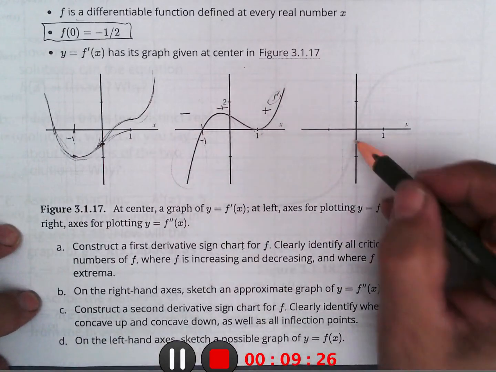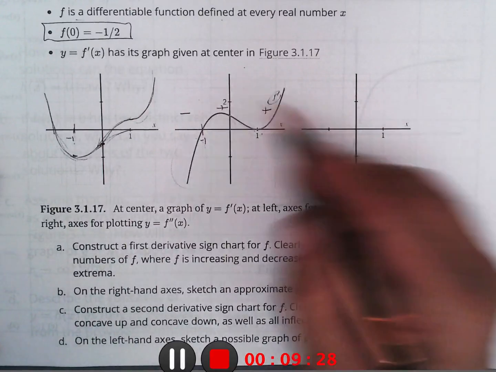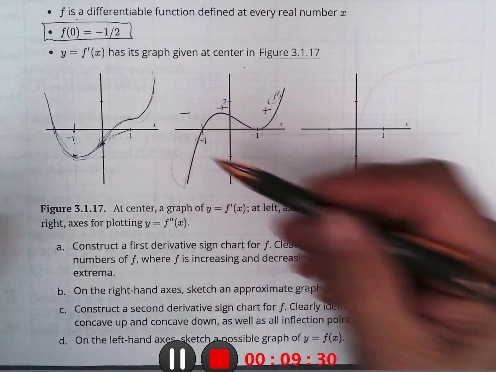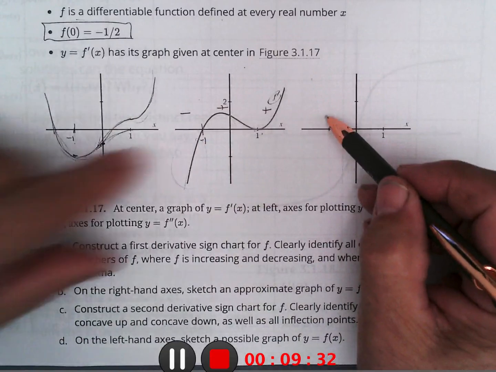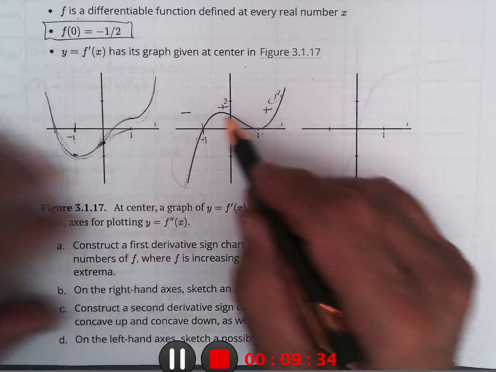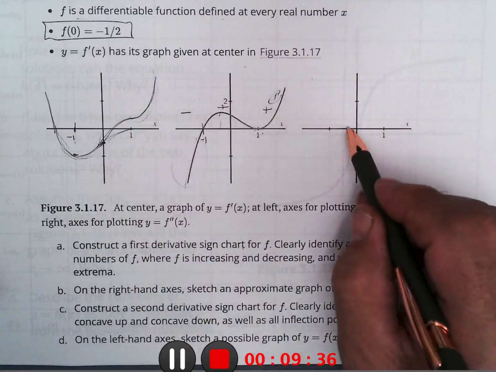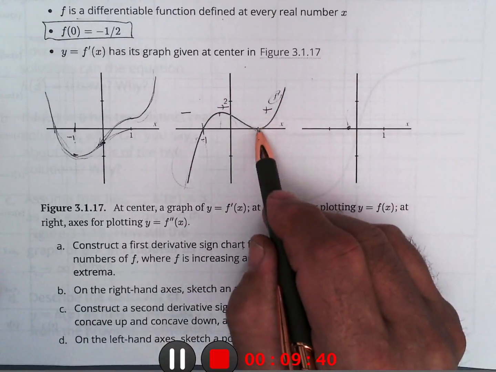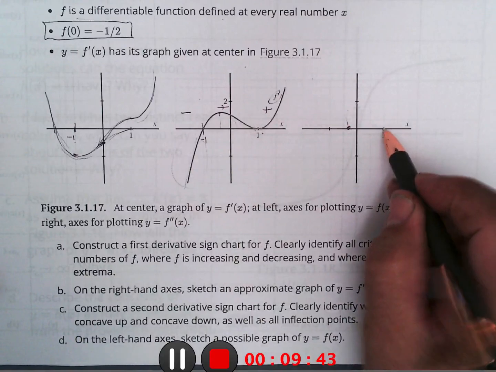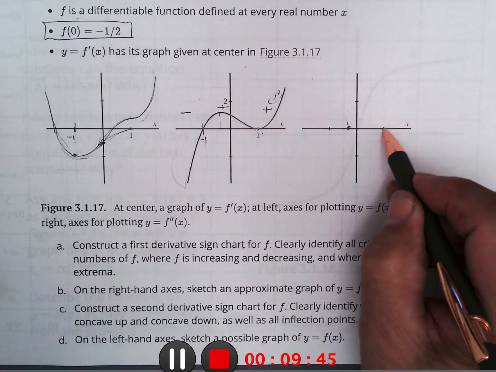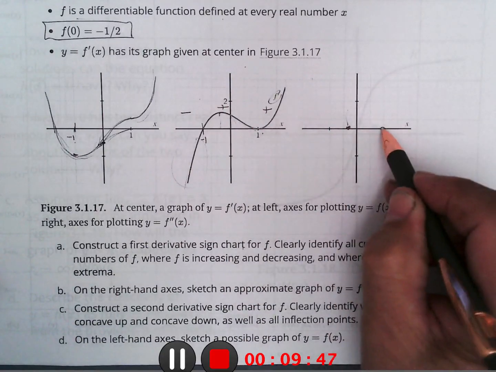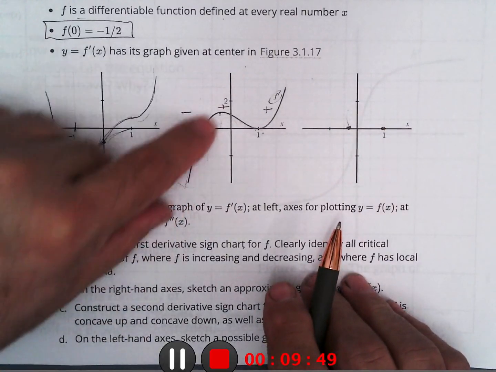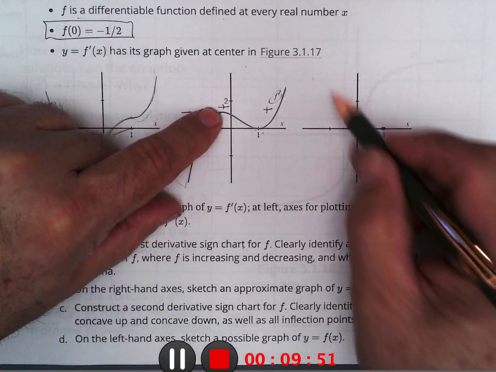Well, the slope of this is positive, and it's positive clear to someplace in here. So someplace in here, the slope is 0, and the slope here is 0. Now, here it's positive, so this has to be positive up here, but let's just look at the concavity.